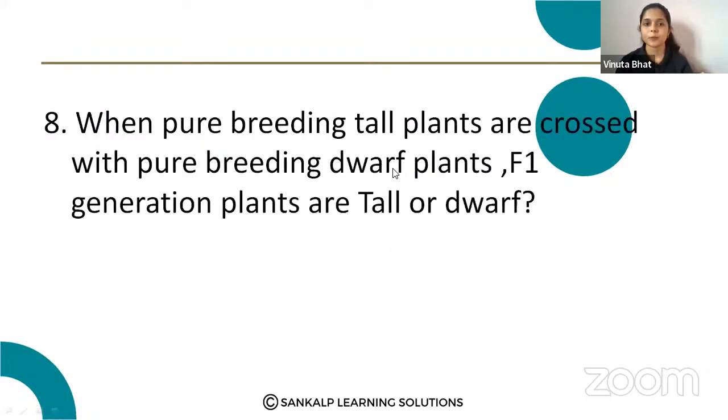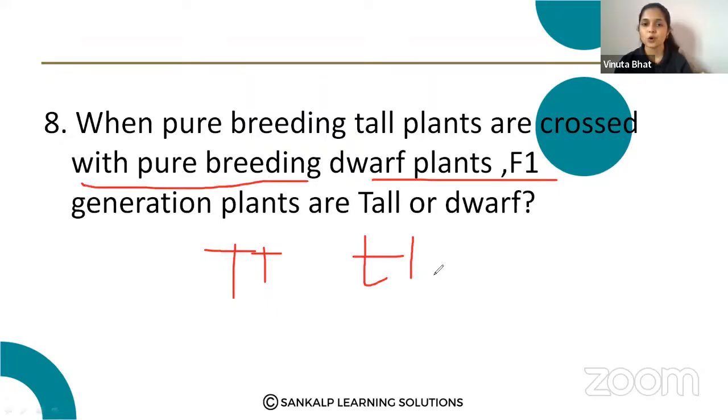Next question. When pure breeding tall plants are crossed with pure breeding dwarf plants, means short plants, are the F1 generation plants tall or dwarf? Okay, let us do this. Pure breeding tall plants, I will take it as capital T, capital T, crossed with pure breeding dwarf plants, small t.